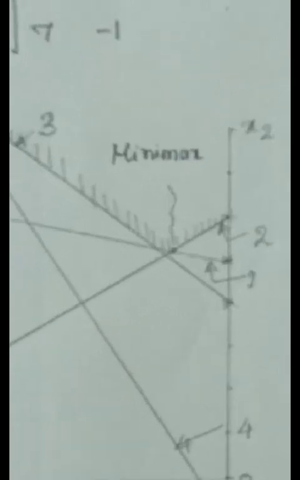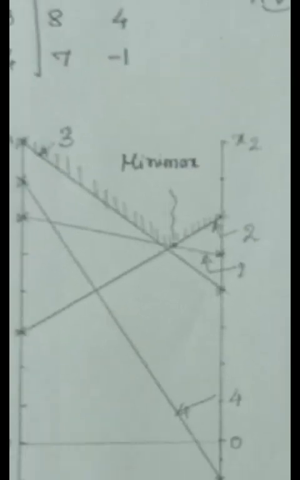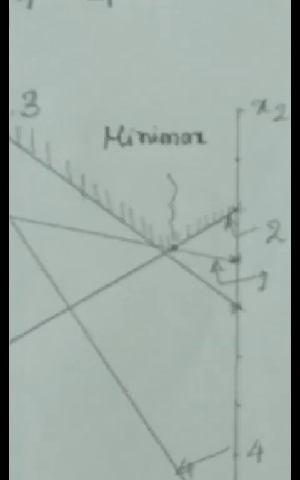As I explained in the previous problem, player B uses the minimax principle. We should locate the minimum of the maximum area. Consider the area above all the lines, and in that, consider the bottommost point. What I have shown on the graph is the minimax point, which is the intersection of strategies 1 and 2.